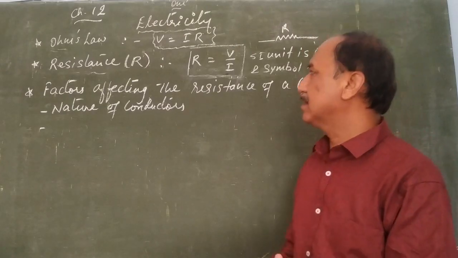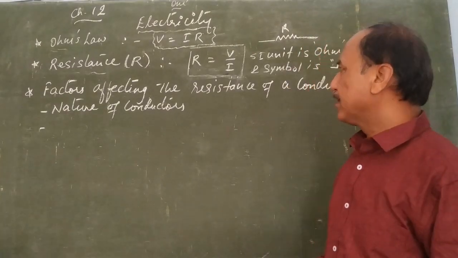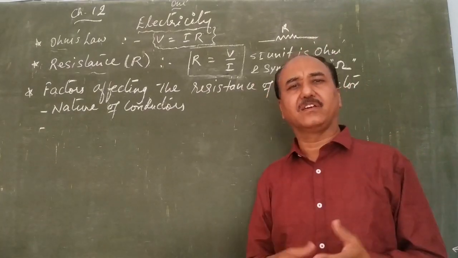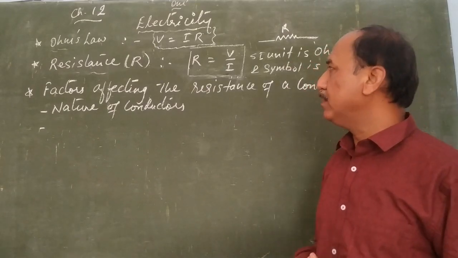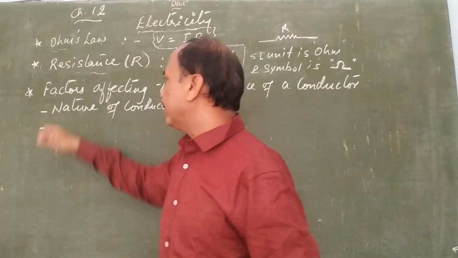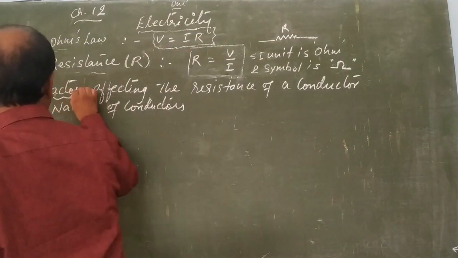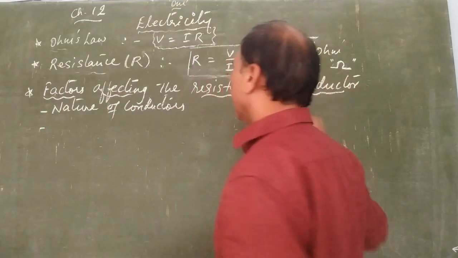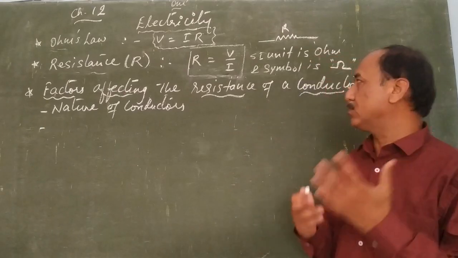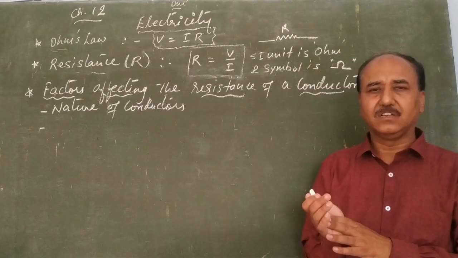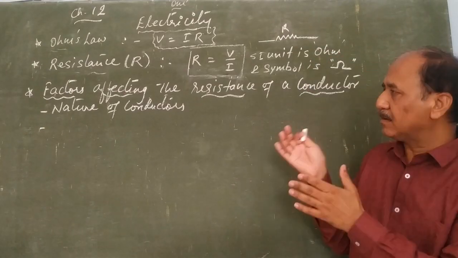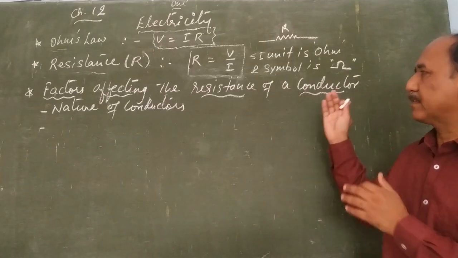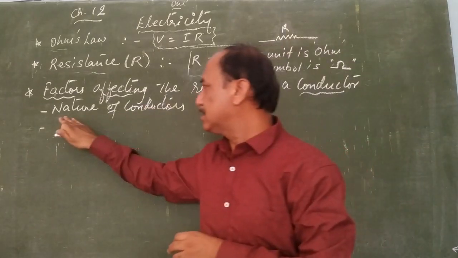Now we are moving further with the resistance part. As I already gave you a question earlier, what is 1 ohm. Now let us start with the factors affecting the resistance of a conductor, or the different factors on which the resistance depends, and how these factors affect our conductor.